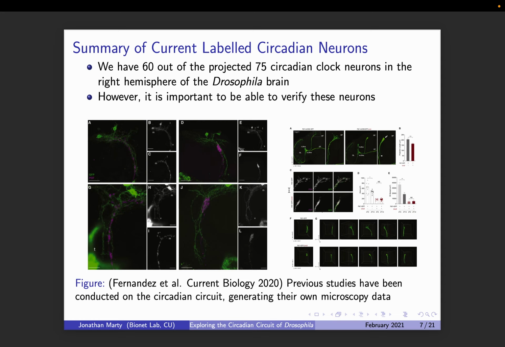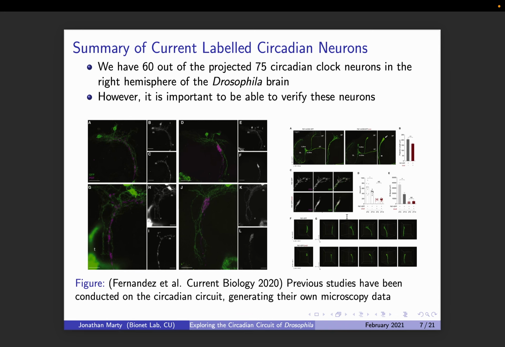And so, for example, we have a study done by Professor Fernandez at Barnard, where she was analyzing DN1P neurons. And here are a few of the microscopy images that she had from it.